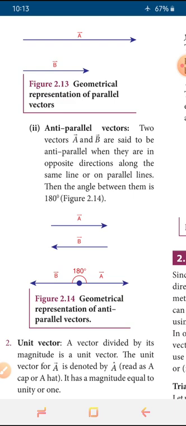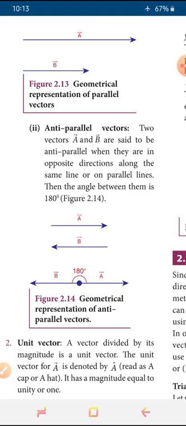Next is anti-parallel vectors. Here two vectors are acting in opposite direction. They may have equal magnitude or different magnitude, but they act in opposite directions. For example, in figure 2.14, look at a vector and b vector. A vector acts from left to right, b vector acts from right to left.